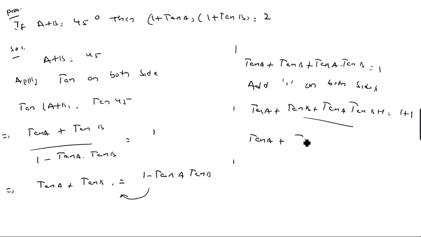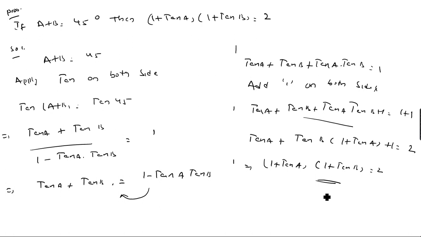Taking tan B as common, we get tan A plus tan B times 1 plus tan A, plus 1 equals 2. And here 1 plus tan A is common, so we get 1 plus tan A into 1 plus tan B equal to 2, which is proved.